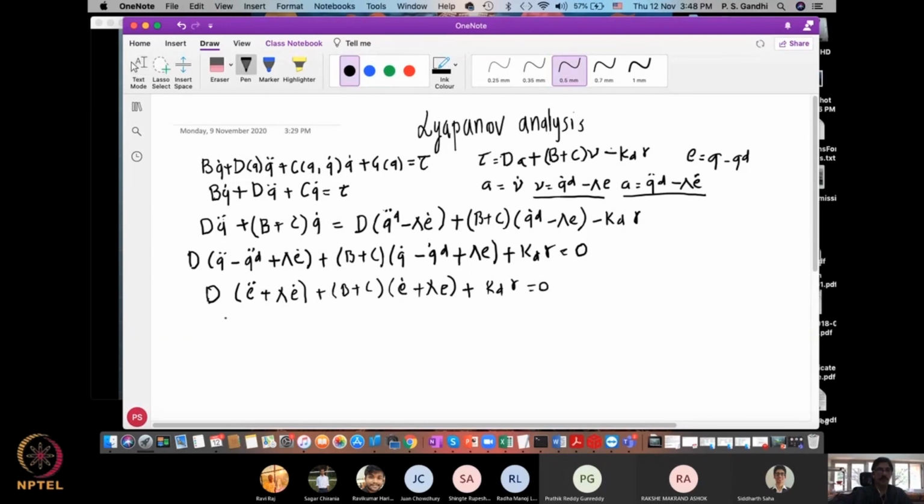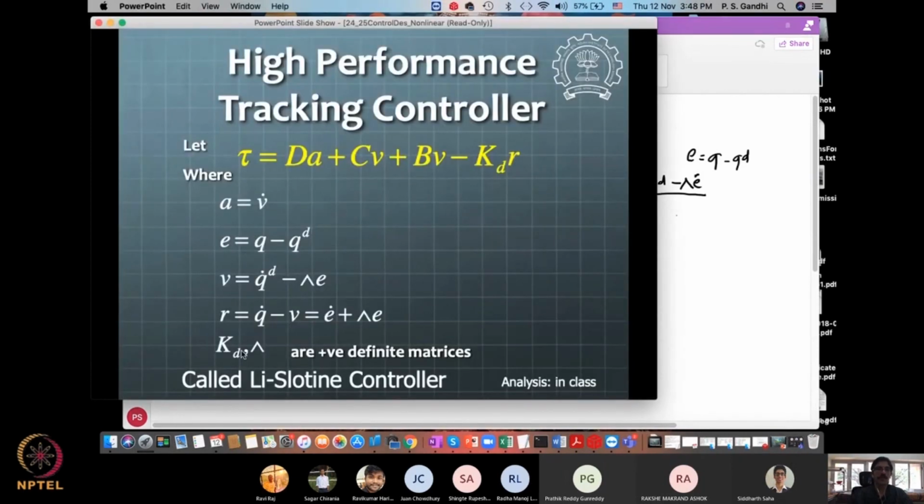I can see that this is nothing but r dot. If you see r defined in the controller, so that you have clarity, r is e dot plus lambda e.